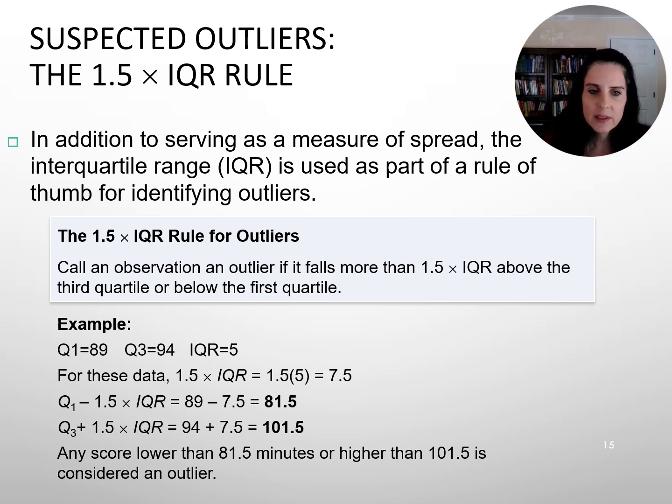Anything that is outside of this range is considered an outlier. The upper limit here is 101.5, which is larger than the highest possible score, so we don't have to worry about any outliers at the higher end. The lower limit is 81.5, and we do have a score that is lower than this. We have a score of 30, which we should consider an outlier.